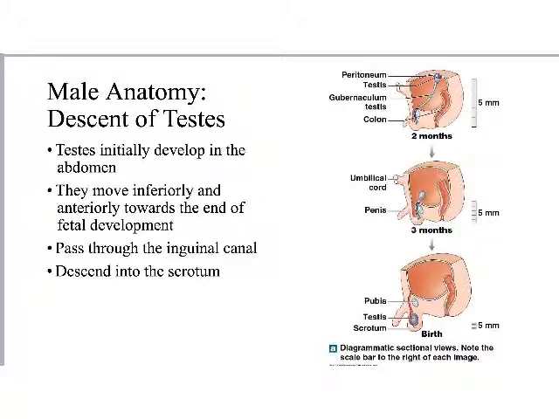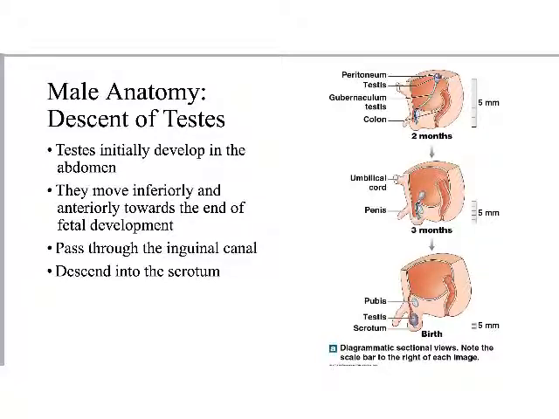But the problem is that those testes are still in the abdomen. If there was no testosterone, because of an absence of the Y chromosome, so if you're a female, you have two X chromosomes, in which case you don't make the testosterone, and so those gonads become ovaries with eggs. And for a female, you want the eggs to remain in the abdomen. That makes sense for a female, to have your gonads internal, protected inside the pelvis.